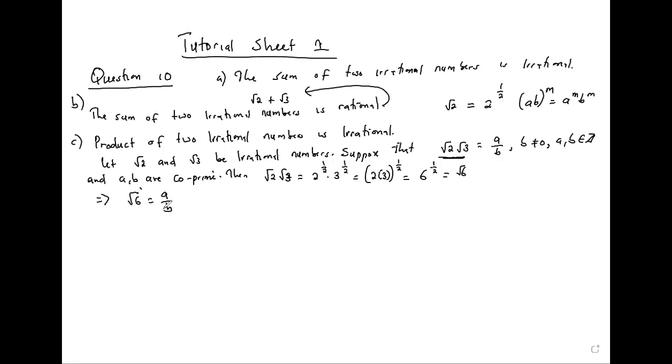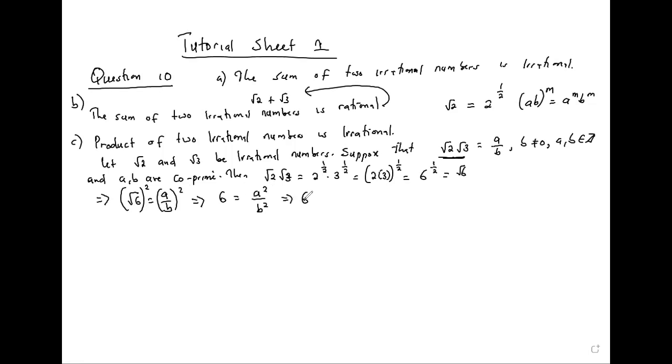So if we square here, we square on the right, we'll get 6 is equal to a squared over b squared.